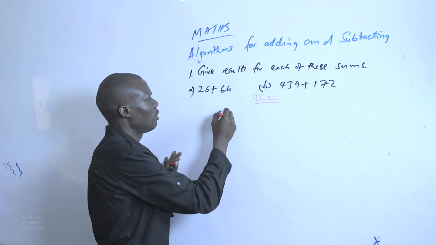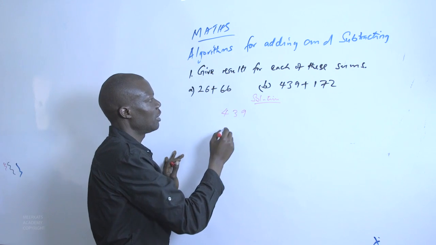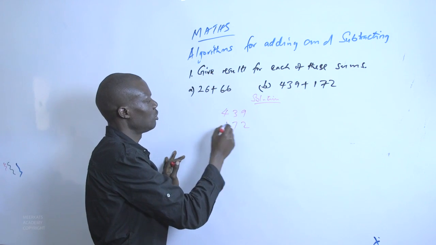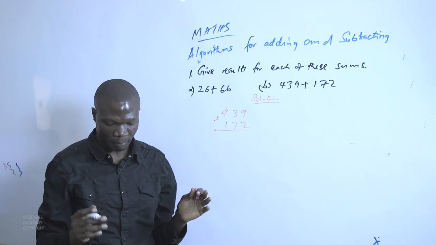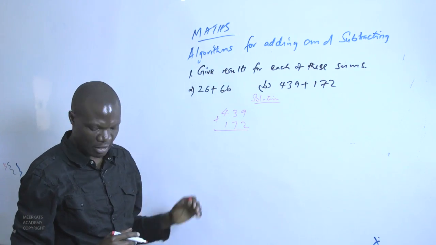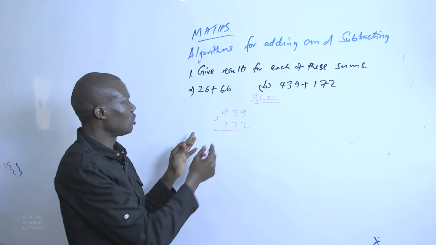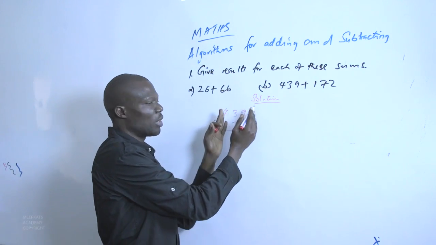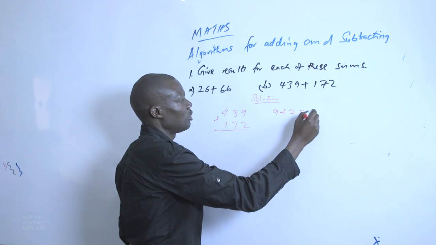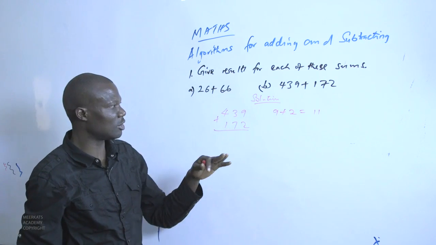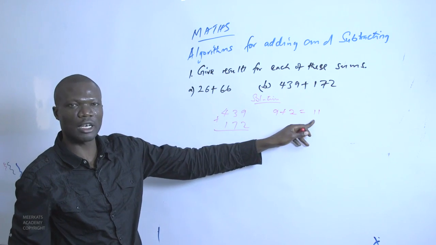So we shall have 439, 172, considering the place values of each digit should be in the same column. So to start working out from the right, we shall take 9 plus 2. You will get 11. And as we did earlier on, this is greater than 9.